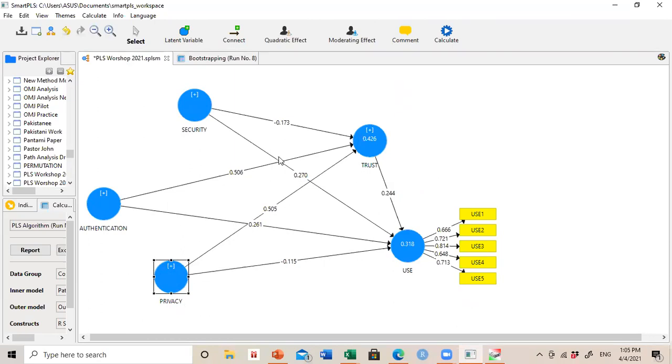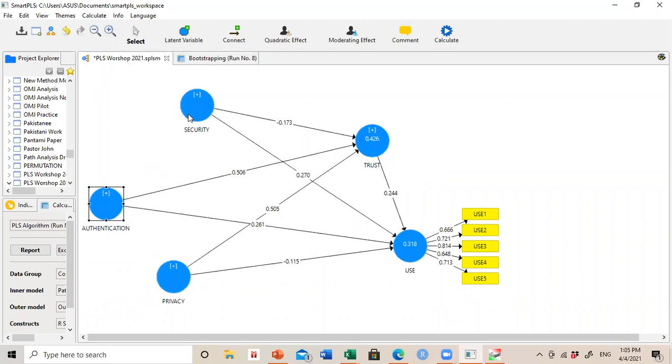So in this case, authentication, privacy, and security explain 42.6% of trust, while privacy, authentication, security, and trust explain 31.8% of use. I think that is how it should be. Okay, sir, thank you, sir. Yeah, that's great.